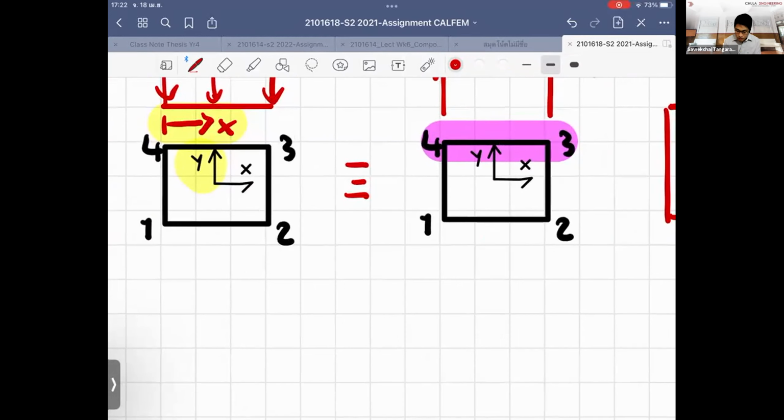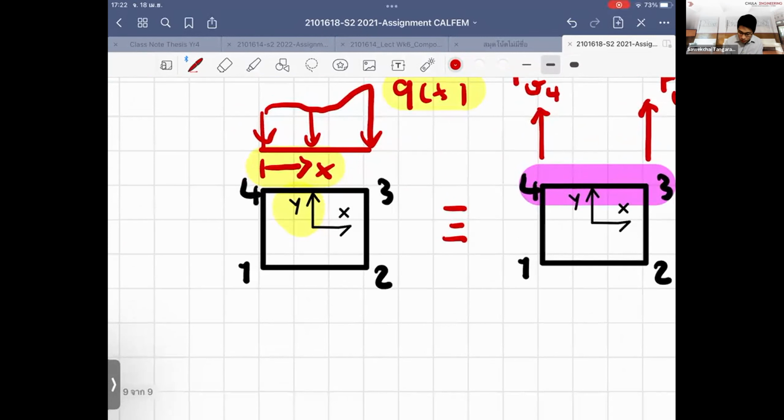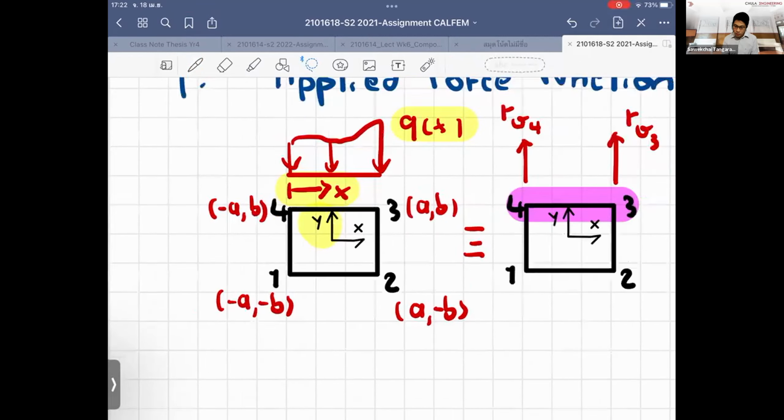Let's say you look at the coordinate, I didn't put the coordinate here. Let's say it's negative a, this is b, this is a, this is b. Right, just a standard coordinate that we use in deriving the finite element equations.